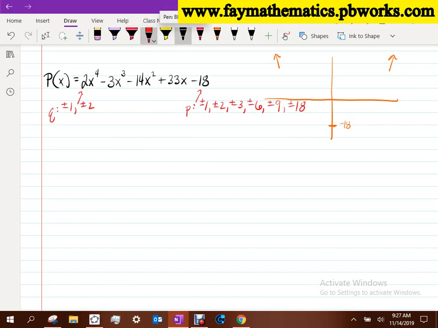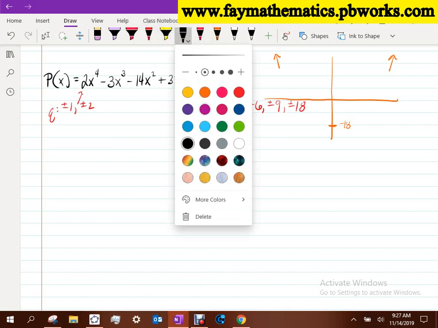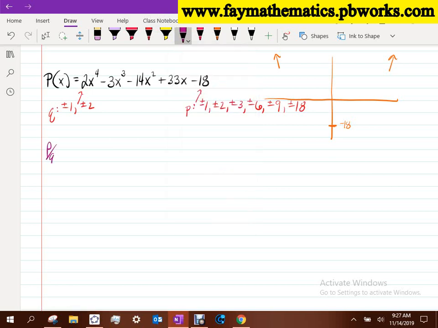So your final P over Q list should be plus or minus 1 over 1, plus or minus 1 over 2, plus or minus 2 over 1. Now, if I go plus or minus 2 over 2, do I already have that in my list? Yeah. I'm going to go plus or minus 3 over 1, plus or minus 3 over 2, plus or minus 6 over 1, plus or minus 6 over 2.